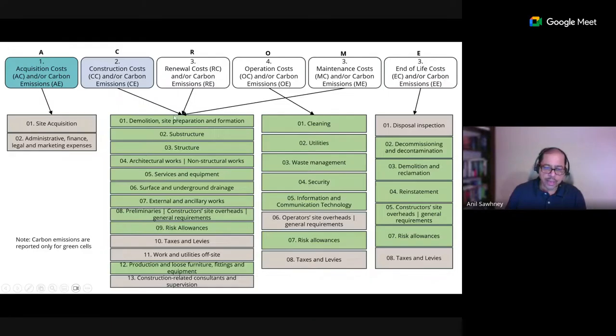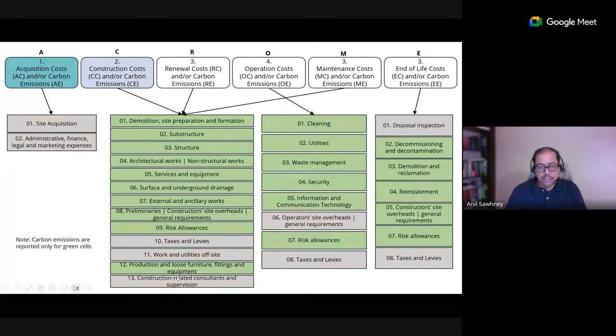So these have demolition as 0, 1. Remember, we just talked about demolition in module A. You have substructure, structure, architectural works or non-structural works, your services and equipment, surface and underground drainage, external and ancillary works, and whatever is under preliminaries or your temporary works, those kinds of things are included here, and your general requirements.